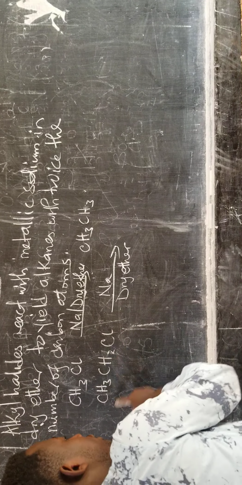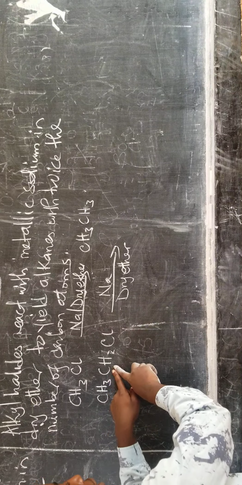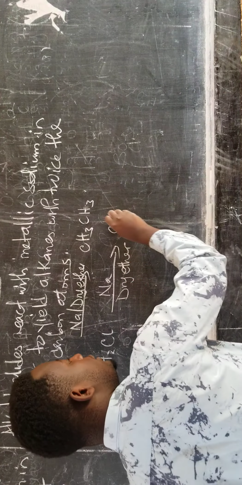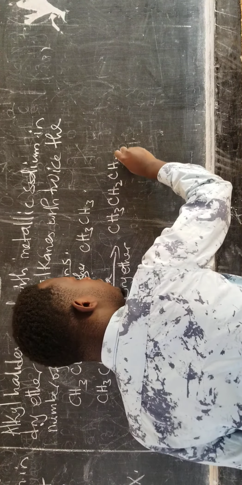I'm going to multiply the carbon atoms by 2, and it shall become CH3CH2 times 2, so it shall be CH3CH2CH2CH3.